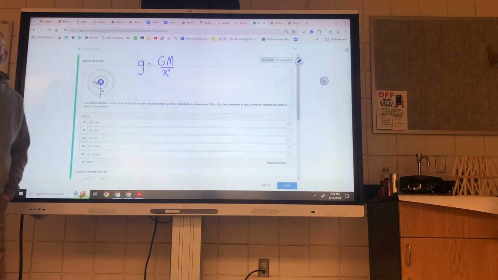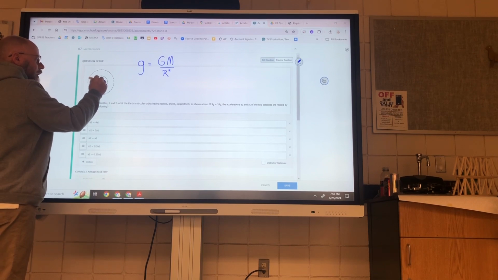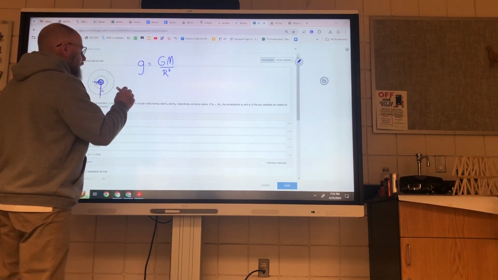At the surface of the planet, that's the radius of the planet. But this actually extends out from the center to anywhere. You'll notice that R1 is drawn from the center and R2 is also drawn from the center. Does that make sense? So let's do the g values for each and see how they compare.